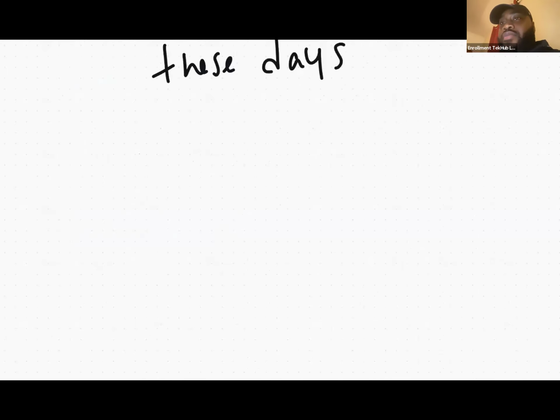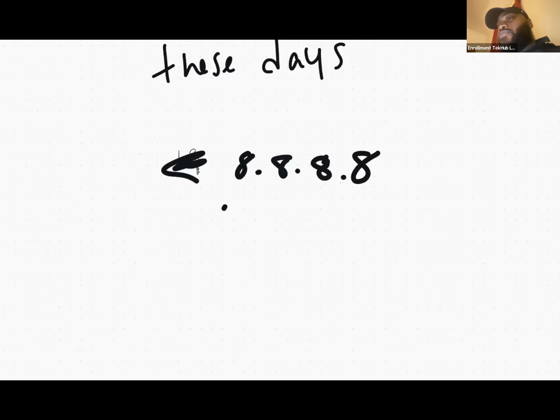This could be an IP address like 8.8.8.8. Okay, that's a server IP address, right? But maybe an IP address could be like 192.8, I don't know, 10, something like that, right? This is an example of an IP address.